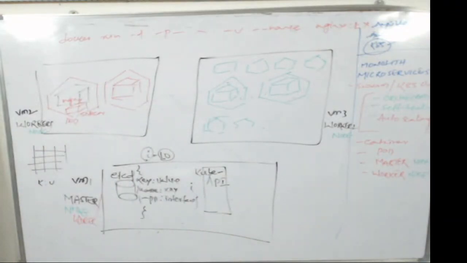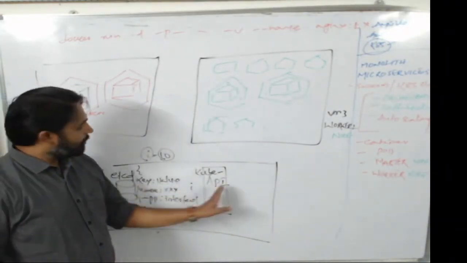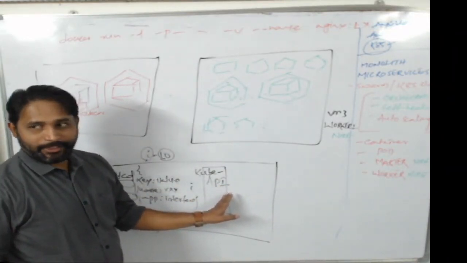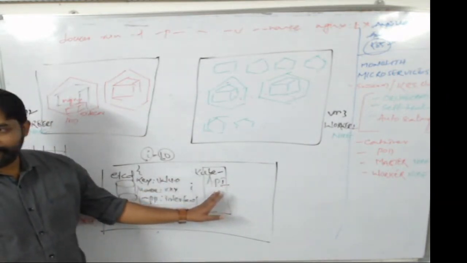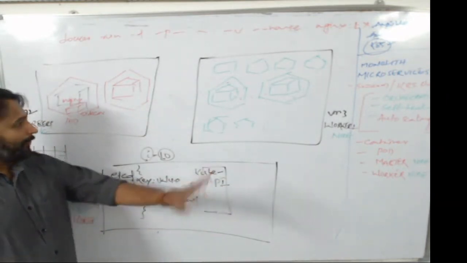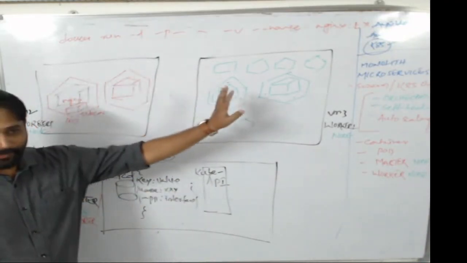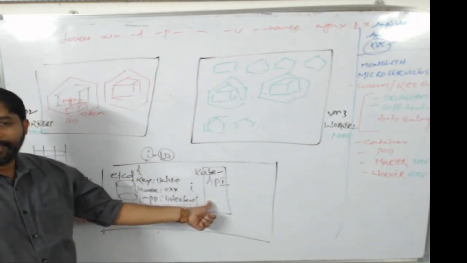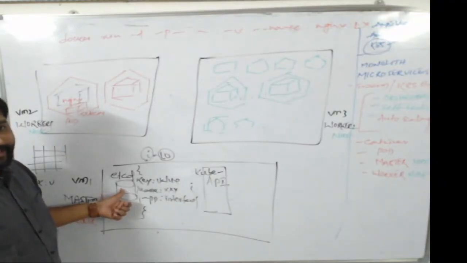Anybody who wants to talk to the database should go through the gateway. Always. So the only thing that can talk to the database is the API server. So if you want to talk to the Kubernetes cluster, or if you want to see the status of a container, you need to talk to the API server. And the API server gets the information from the database.